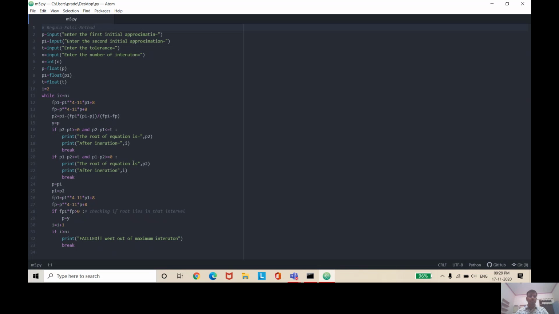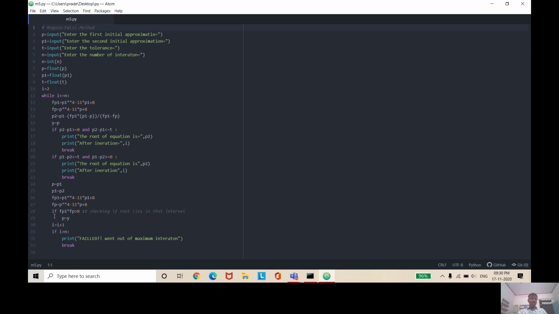It will print the root of the equation is p2, then the iteration number, and this break will similarly come out of the loop. If both conditions do not satisfy, like p2 minus p1 is not lesser than the tolerance value, then this condition will not run and it will come to this point and give the value of p1 to p0 and p2 to p1, and then we will again find the function values fp1 and fp.